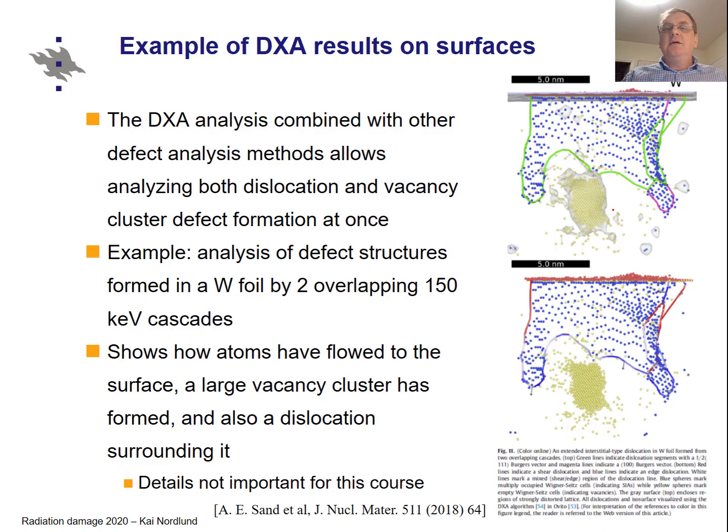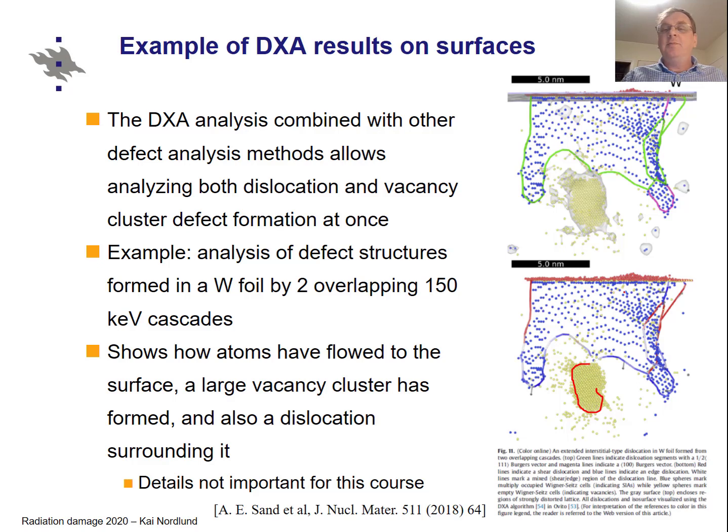And nowadays, with DXA analysis, one can analyze that in much more detail. This is an analysis of defects formed in a tungsten foil by two overlapping 150 keV cascades. Here you see that you have formed a large vacancy loop, but also a dislocation network surrounding the region where atoms were displaced to the surface.